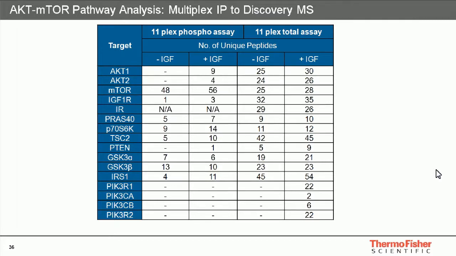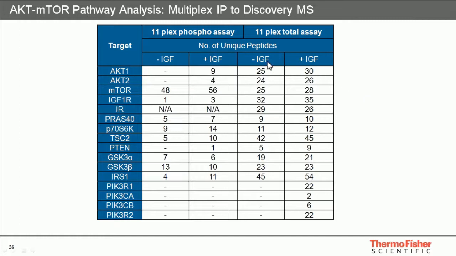Here is an example of the discovery mass spec data, looking at how many unique peptides you can see for each of these targets. As you can see for the phospho assay, we confirm that AKT1 and AKT2 you only identify after IGF stimulation. IGF-1R we also see upregulated after IGF stimulation. And we were able to see all 11 targets from this pathway in the phospho assay.